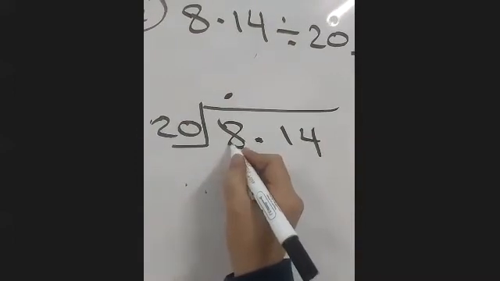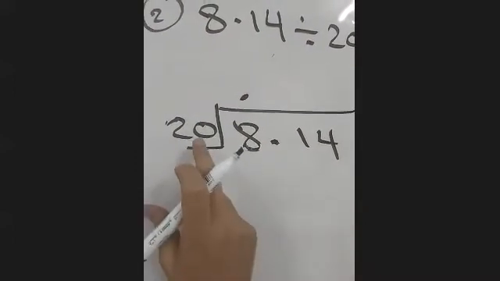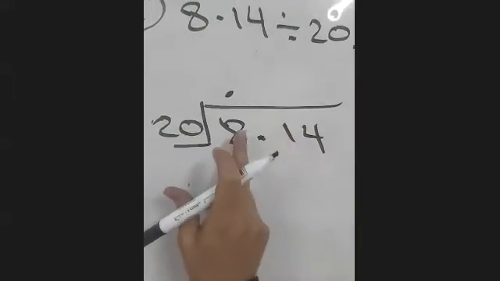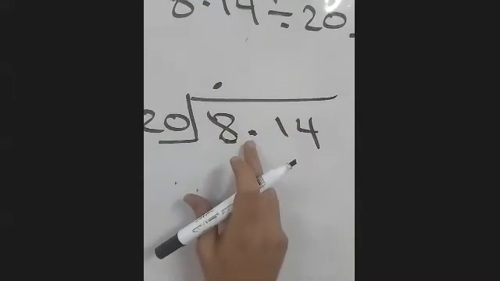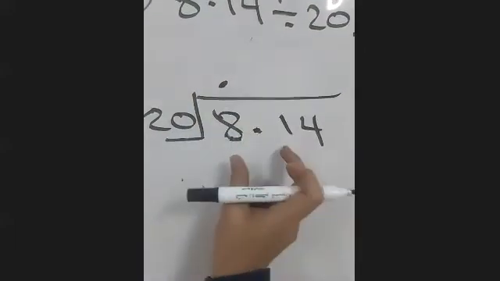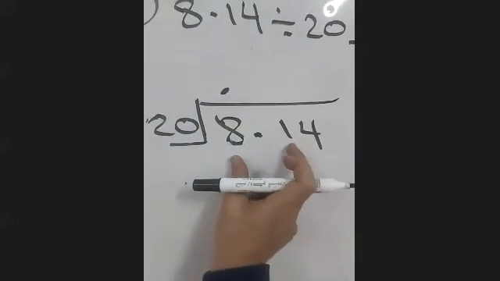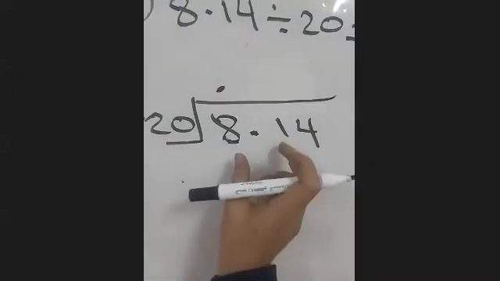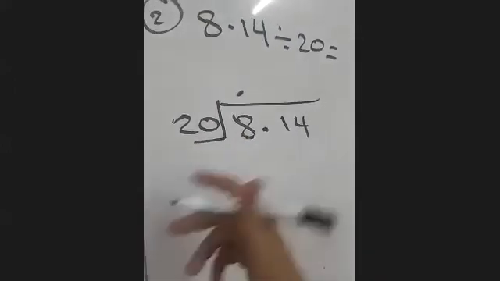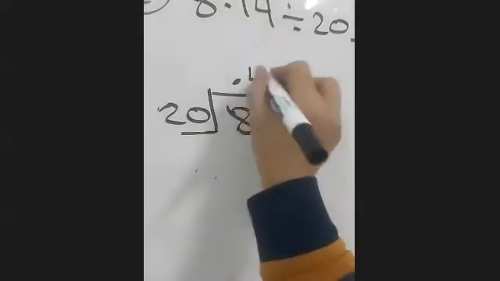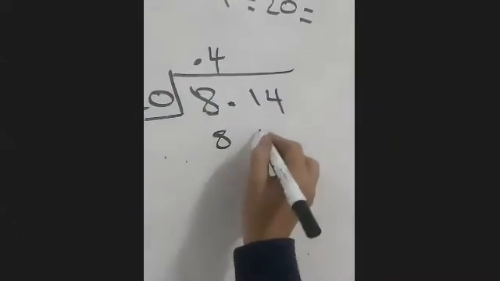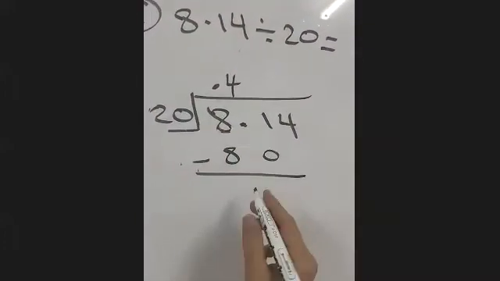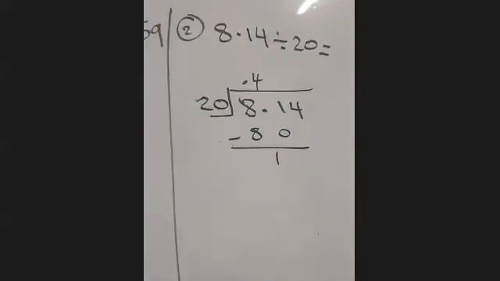Now I have 81. I get rid of the decimal, I already put it up. Now 81 divided by 20 is 4. 4 by 20 is 80. Subtract. 81 minus 80 is 1.